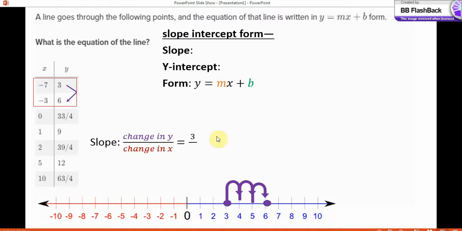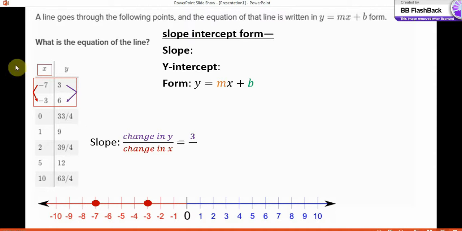Now I'm going to need to find my change in x. So here are my x coordinates. For my change in x, I'm going to start at -7, put a little dot on my -7, and go to -3, so I'll put another dot on my -3 right here. And I'm going to see how many swoops it takes me to get to -3 from -7.